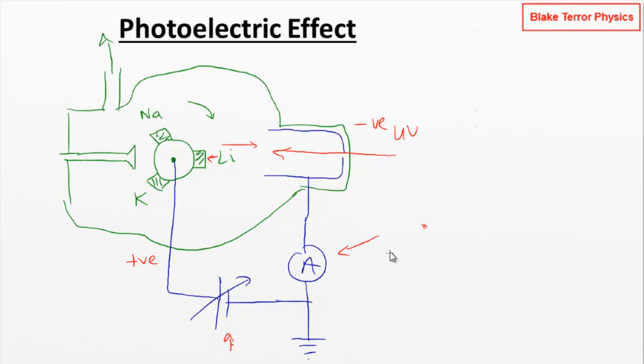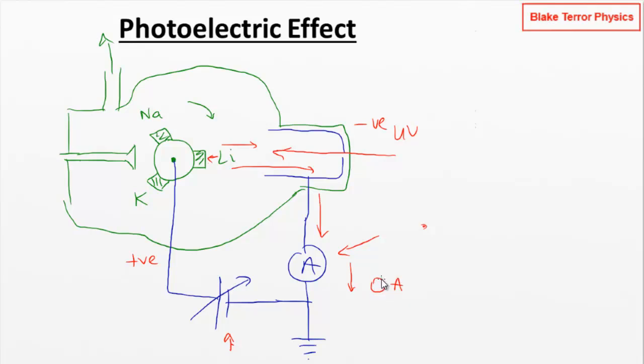The current is going to be dropping down until eventually we stop these electrons. They're going to get released from the metal, but they don't have the energy to make the transition to this metal plate and then go down through the ammeter to Earth. So we're going to reduce the current down to 0 amps.